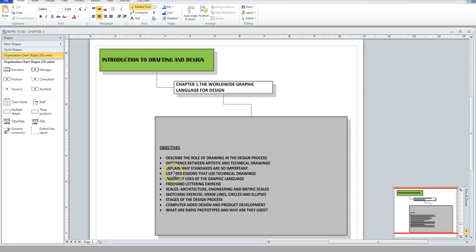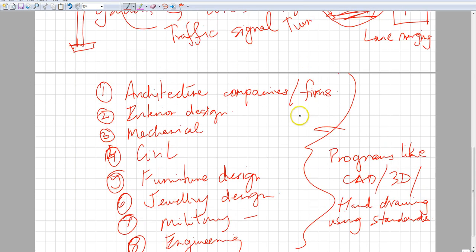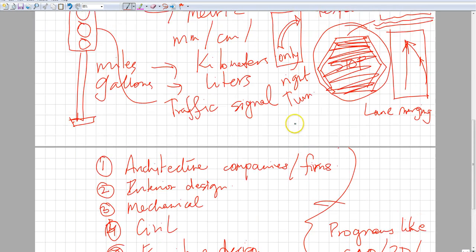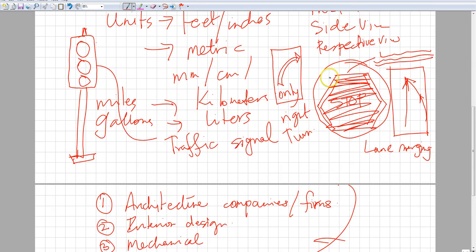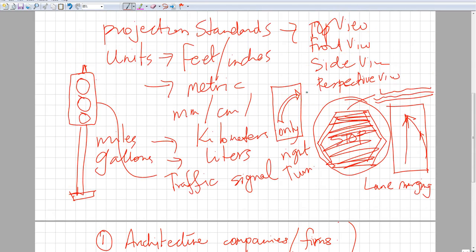Now the next one is identify uses of the graphic language. Now as I said, all these that you see over here is a language, right? So we have to understand the language. Now what are the uses of learning this language of drawing and the symbols and the standards? Now the main use is basically it's easy for everyone, even someone who's not trained in the technical field, to understand what message you're trying to portray.